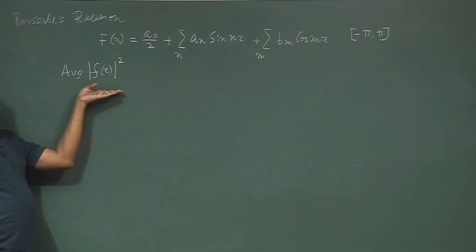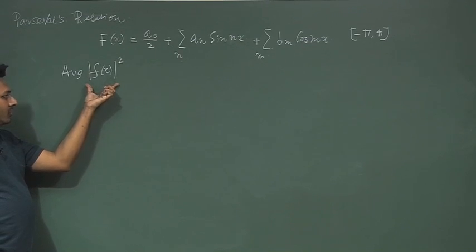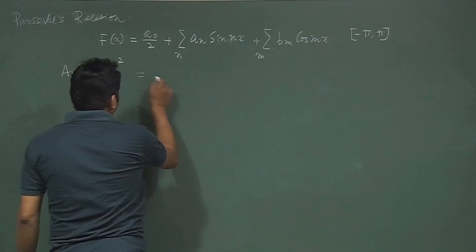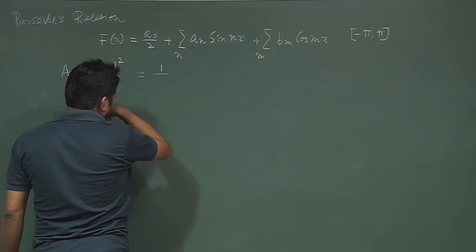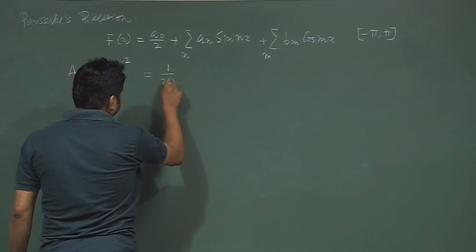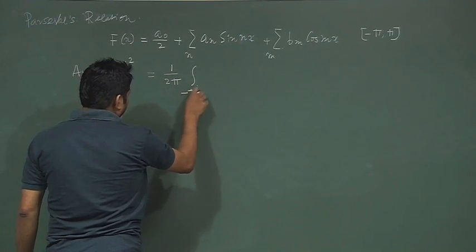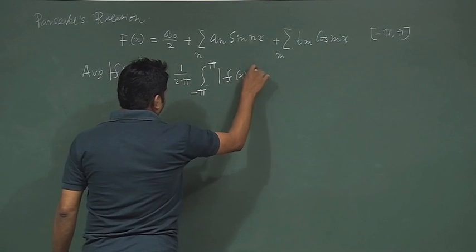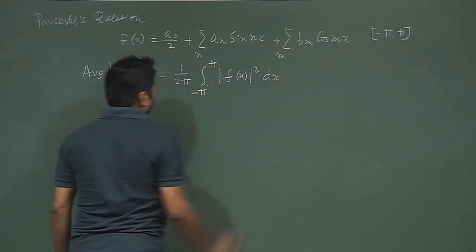So, the average of this quantity, which is nothing but the norm square of this function, should be written in this form. This is the way we write the average of a function.